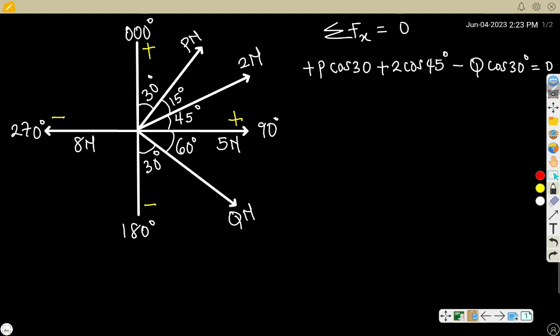Now what is cos 30? I'll work with decimal points so that I can avoid long working.